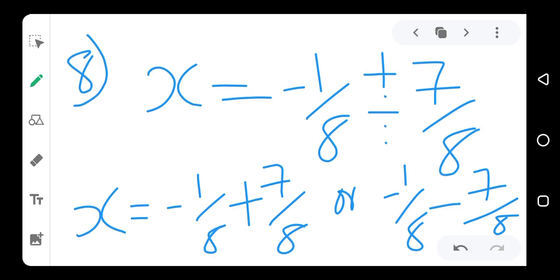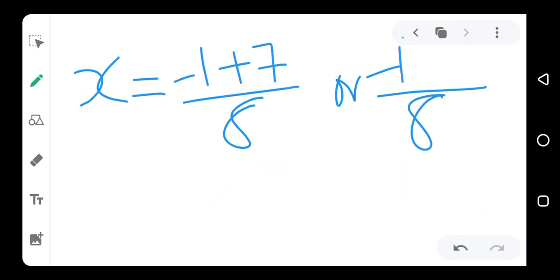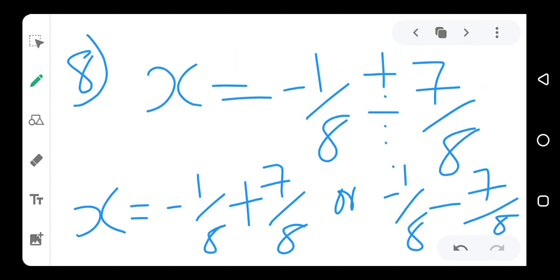For the other one, with the same 8 as the denominator, the LCM, 8 divided by 8 is 1. 1 times minus 1 is minus 1. Then 8 divided by 8 is 1. 1 times 7 is 7.